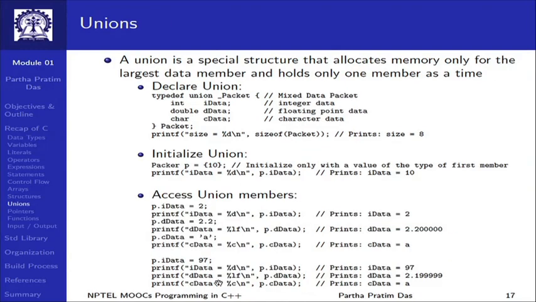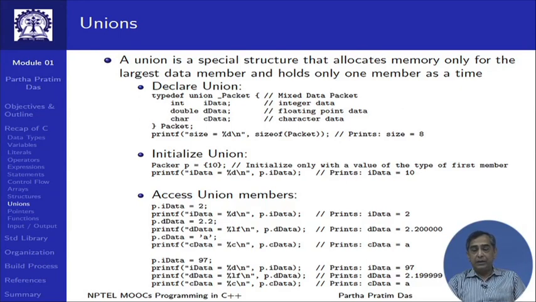Now, moving on, C supports another kind of collection container, which is pretty much like structures. They are called union. Now, the only difference is instead of using the struct keyword, you use the union keyword.